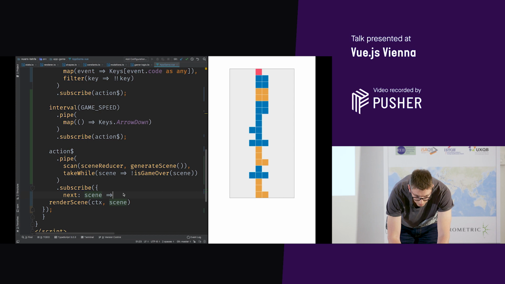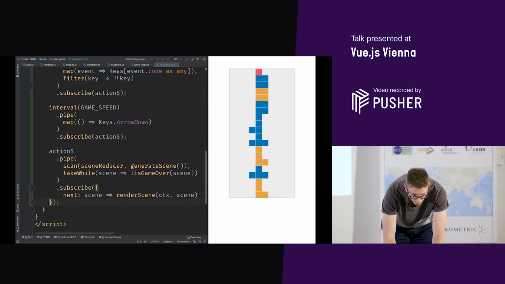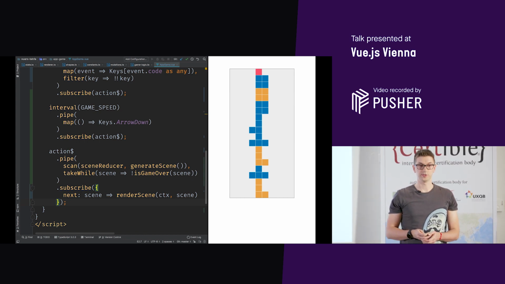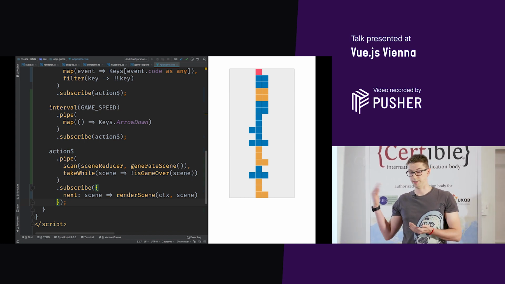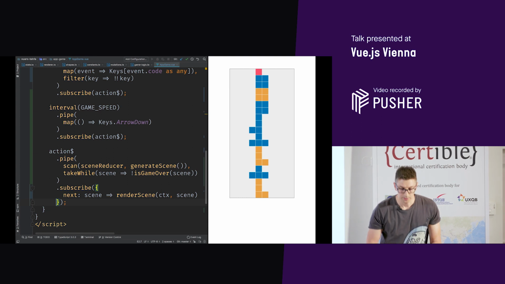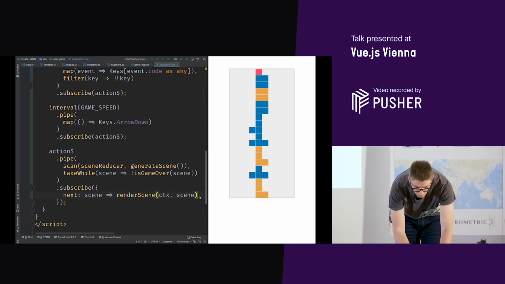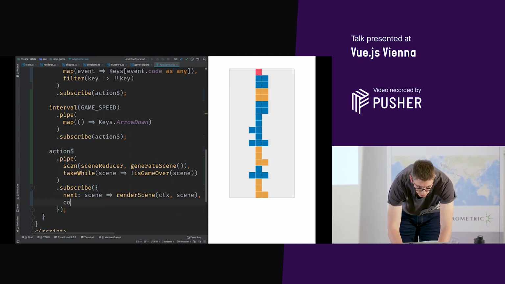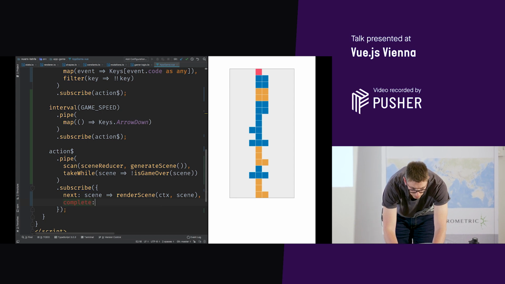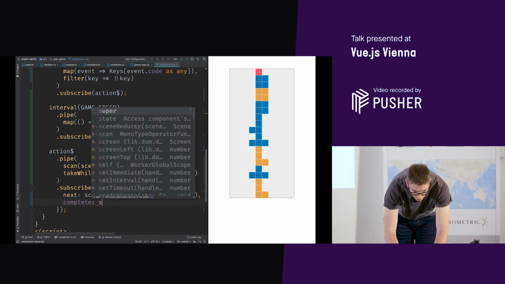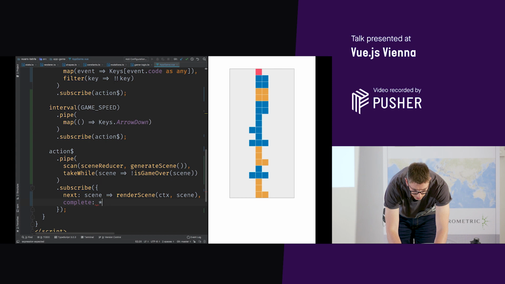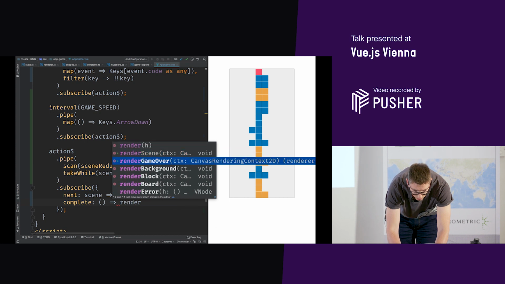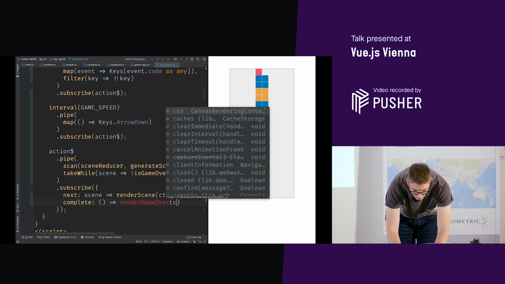If you remember the story about pizza, our iterator pattern was giving us the possibility to get the next item, but it was also allowing us to do something when there are no more items left. So we're going to say when our observable is complete, we're not going to render the scene, we're going to render game over.